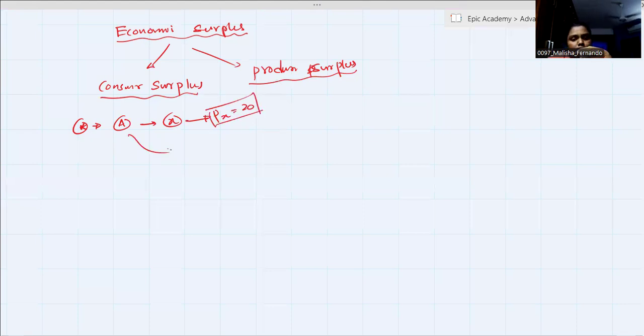But the actual equilibrium price is just 10 rupees. There must be an economic benefit after consuming that commodity, because he expected to spend 20 rupees on it, but actually he has to pay only 10 rupees and can save 10 rupees. This is the saving amount. This can be the surplus of the consumer.